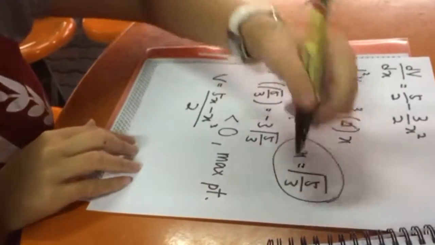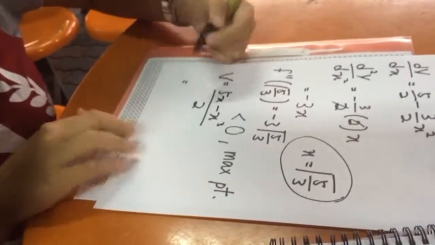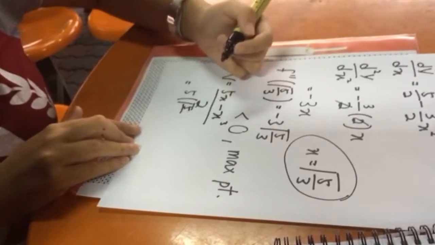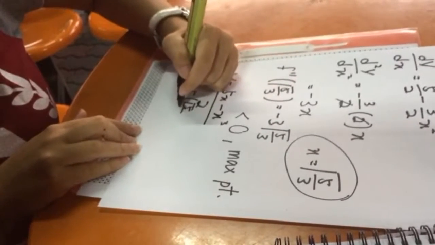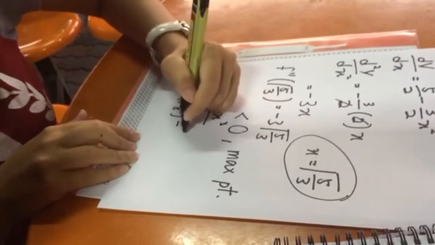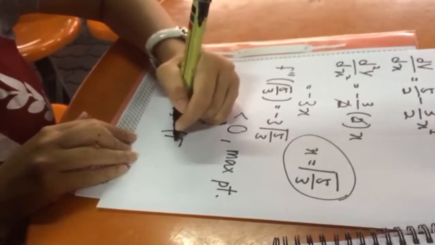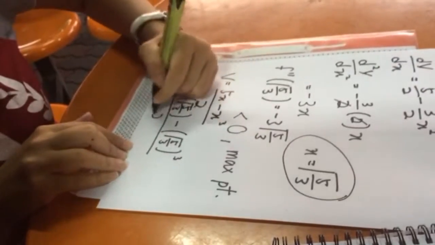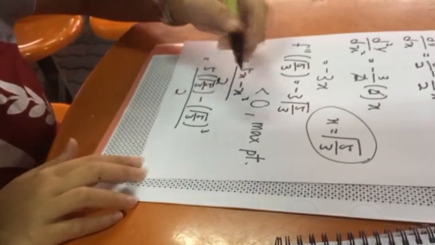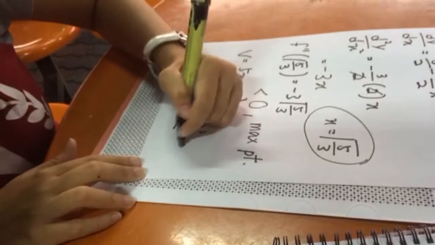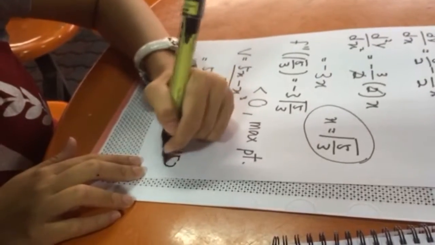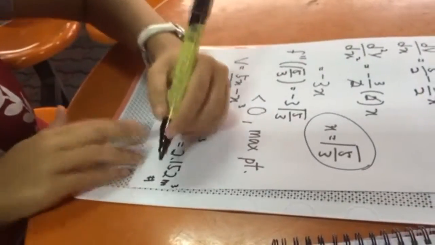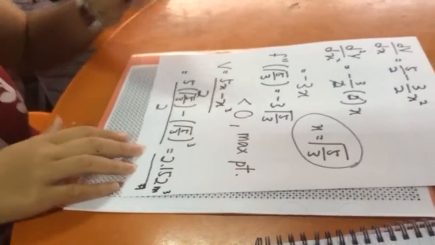So we substitute the x value into the volume: 5 multiplied by square root of 5 over 3, minus square root of 5 over 3 to the power of 3, and divided by 2. And then the final answer you get will be 2.152 meters cubed. So this is the final answer for the maximum volume. Thank you.